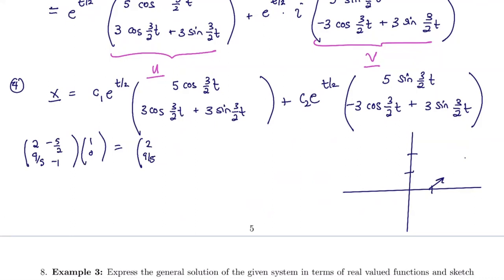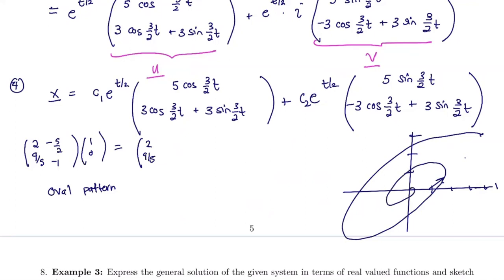Secondly, we notice that our top is weighted more than our bottom, and so we're going to be ovular again, an oval pattern, where we're stretched out by 5 across and 3 up. And so our circles are going to do something like this.